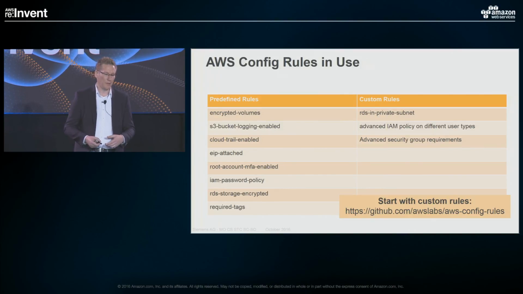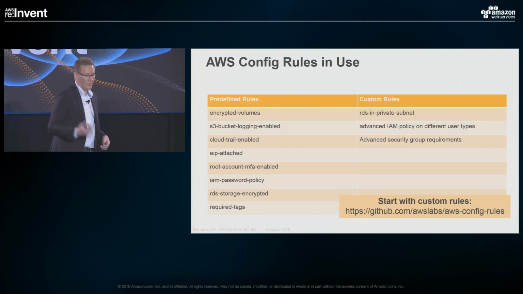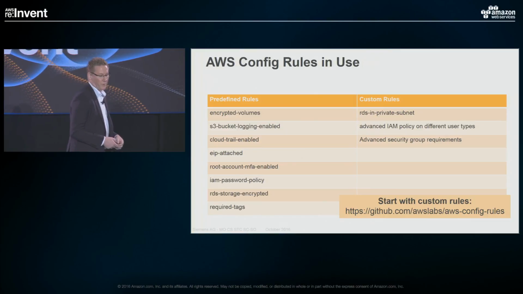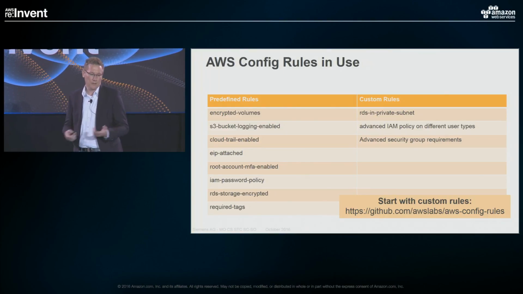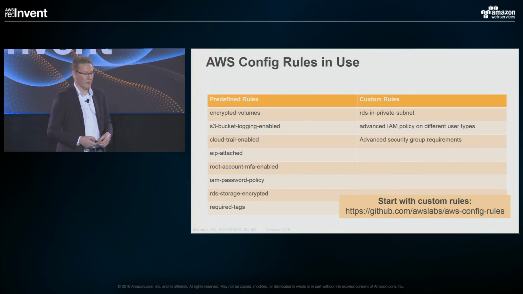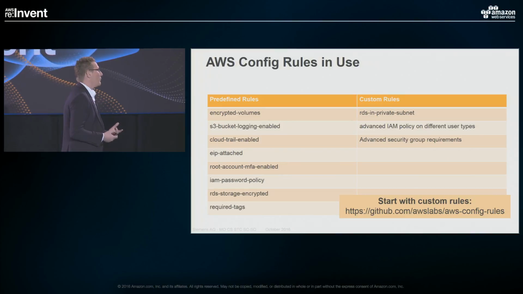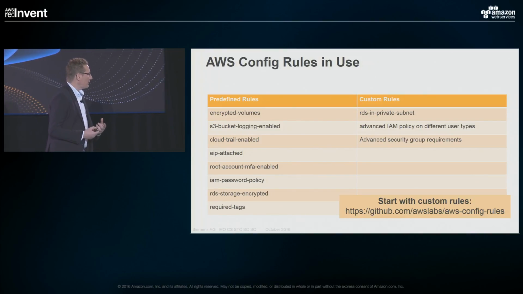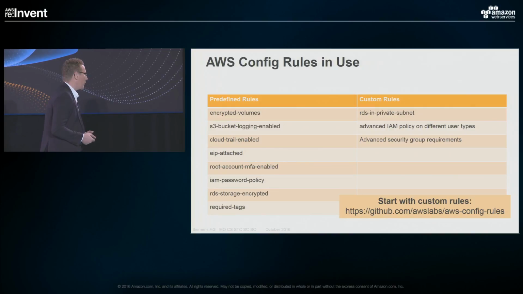And then we have some custom rules. We started with, like Prashant showed before, the GitHub repository, AWS Labs config rules, and there is some special rule we have in place that is RDS in private subnet, because it's very important for us that all the RDS instances our developers can launch are always in a private subnet and protected.